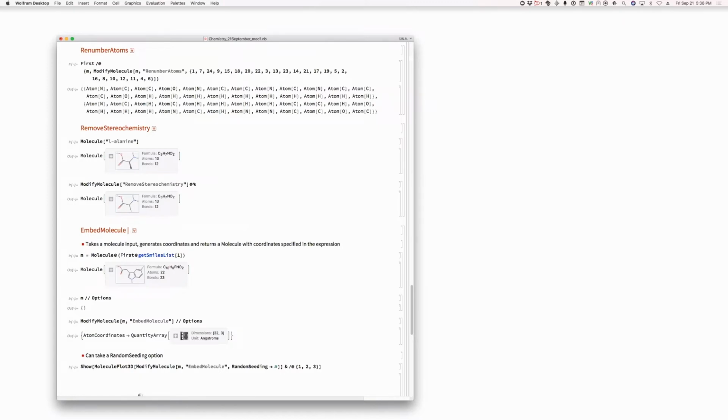Well, that's where you give it the atom coordinates, right? So this is the function that a user will use to generate new coordinates. What do you mean by generate? It calls the embedding algorithm and generates them from whole cloth. So embed molecule is most definitely not the right name.